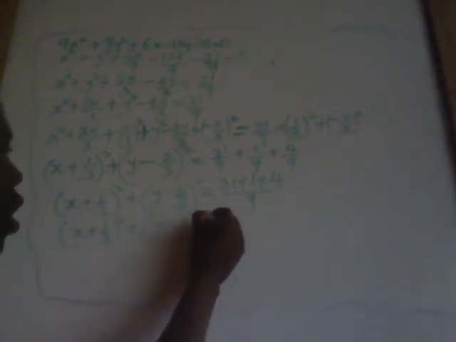Invariably we have open bracket x plus 1 over 3 all squared plus open bracket y minus 2 over 3 all squared equals 2, that is 36 over 9. So we have open bracket x plus 1 over 3 close bracket squared plus open bracket y minus 2 over 3 close bracket squared equals 36 over 9.